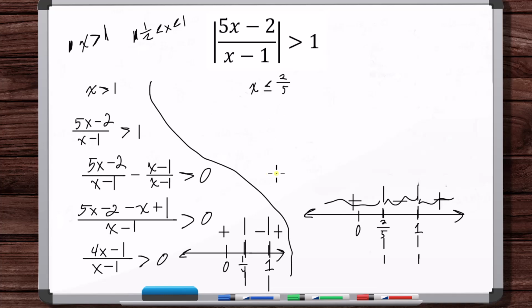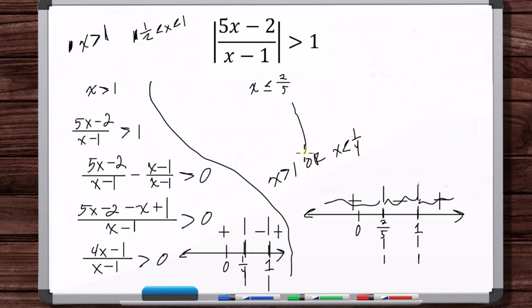Okay, so I erased this. What was it? When was this greater than 0? This was greater than 0 for x is greater than 1 or x is less than 1/4.